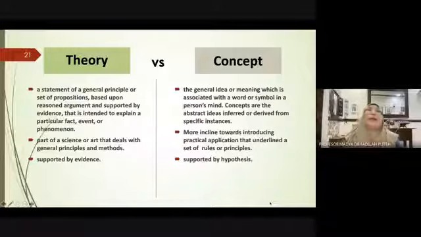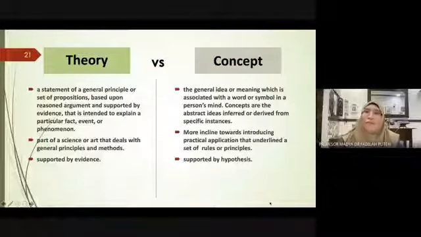It is not something that they just think in their mind, but a statement that is supported by evidence, in this case, findings. And then it is part of a science and art that deals with general principles and methods and is supported by evidence.